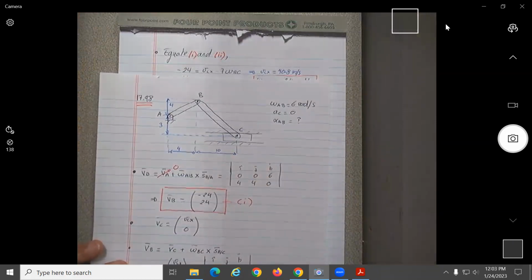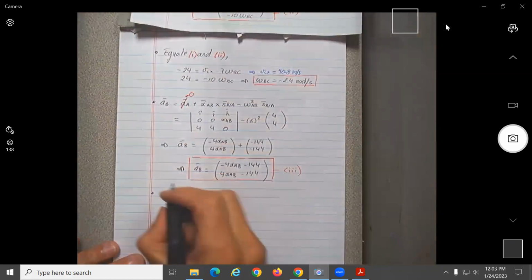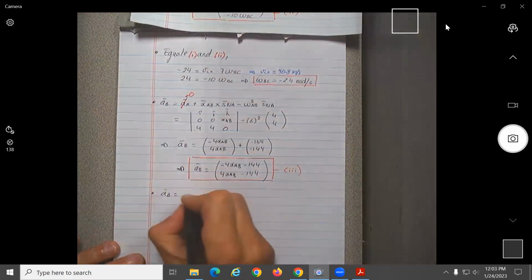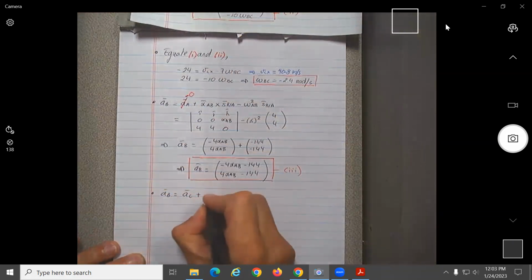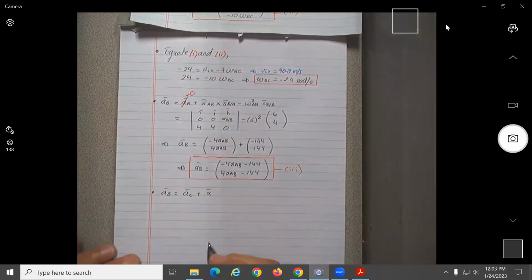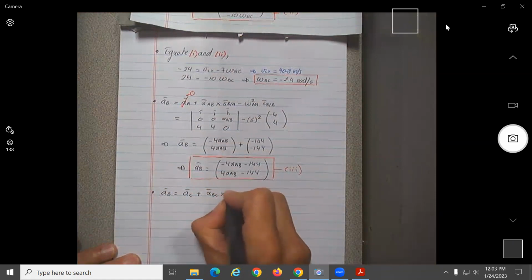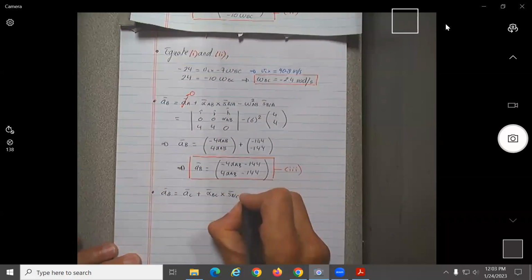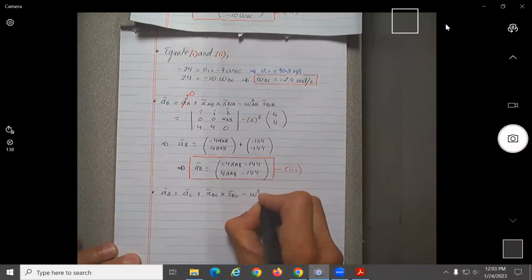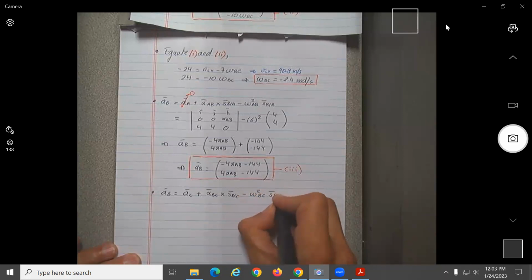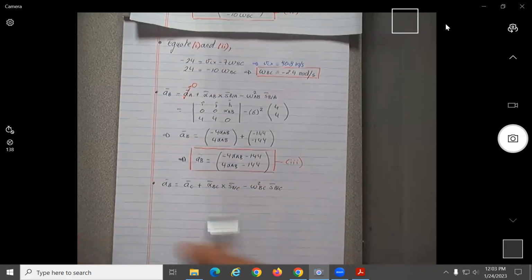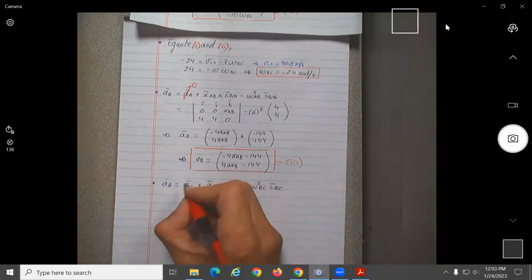Next, what can we do? We can calculate the acceleration of point B from where? From point C. So we know acceleration of B will be equal to acceleration of C plus alpha BC cross S of B with respect to C minus omega squared BC S of B with respect to C. See, they tell you the acceleration of C is 0.